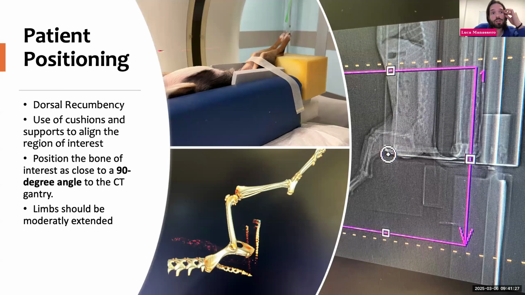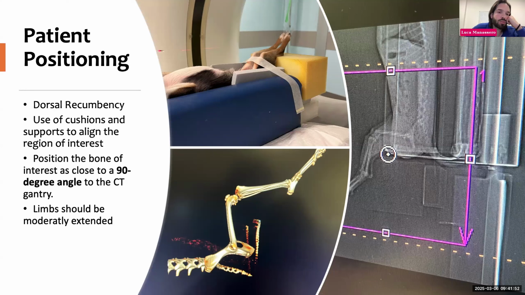Taking into consideration the positioning, for example, in here we are seeing a scan for limbs over a pretty small patient. And in here we normally use, for limbs, dorsal recumbency, with the use of cushions to support and align the anatomy.